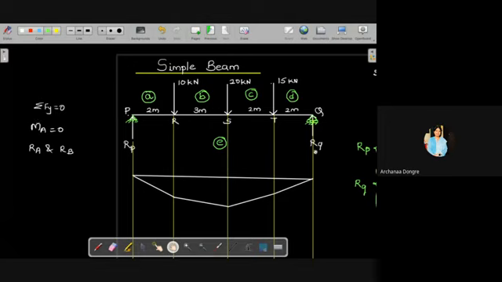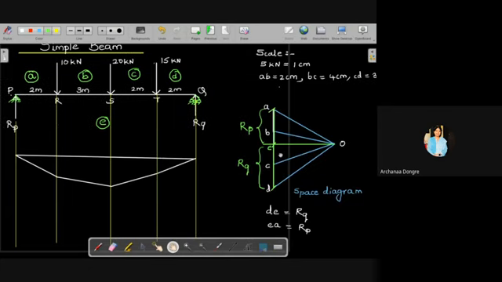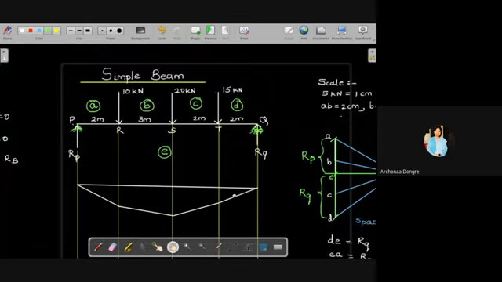If both the answers are matching, that means your graphical analysis is correct. So that is a good validation. So this is one case.